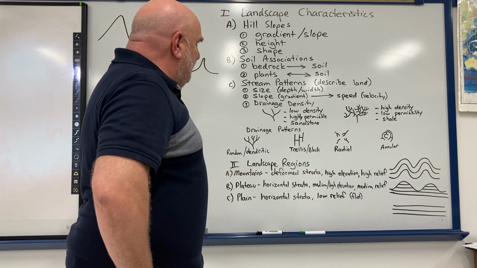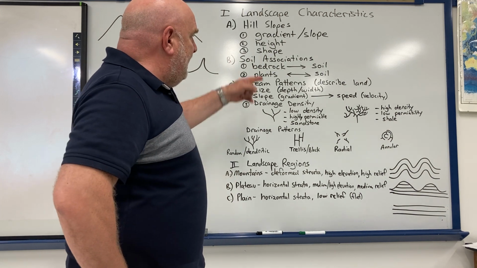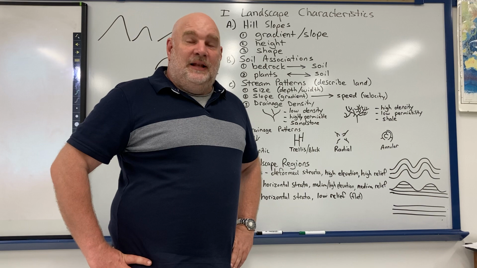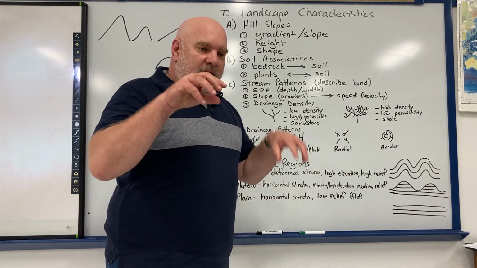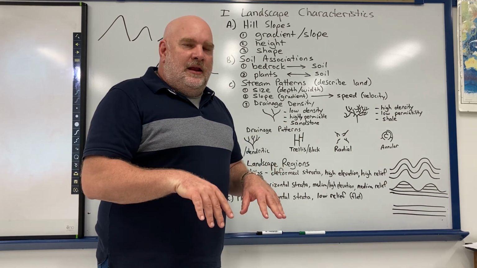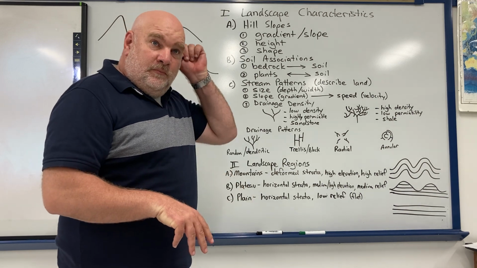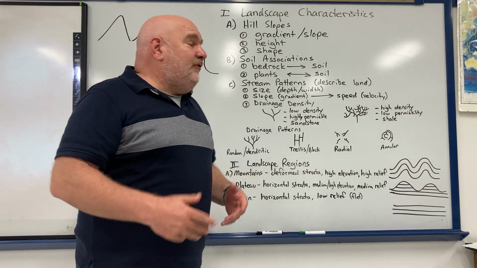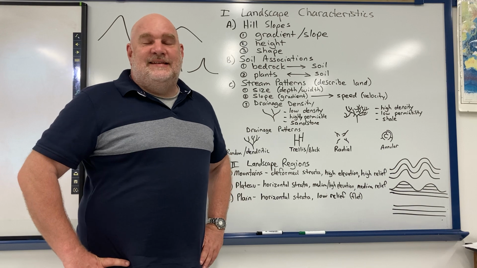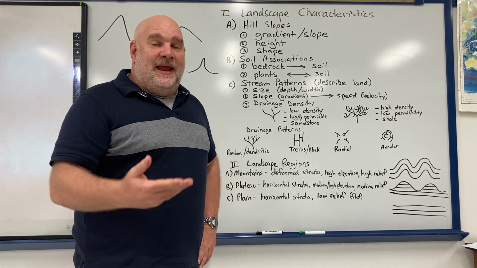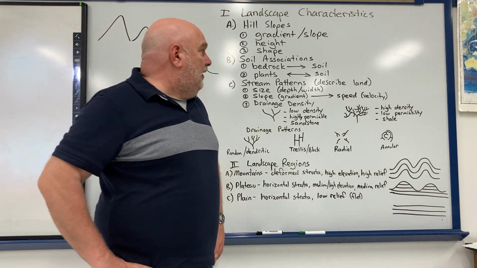Another thing that can affect the soil is plants. Plants have roots, and roots get in there and help break the rock apart. So plants help make soil. Also, when the plants die, their remains become the organic matter in the soil.